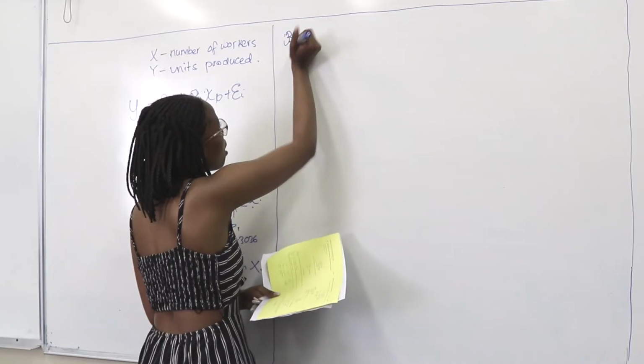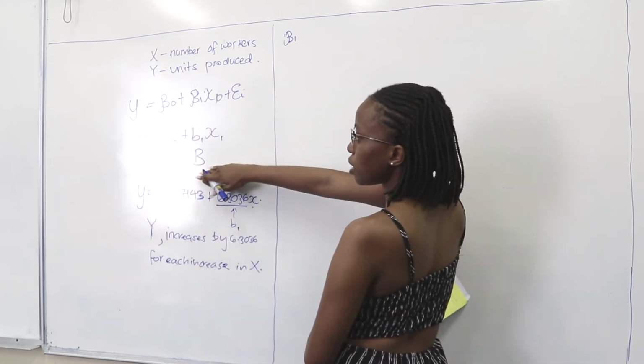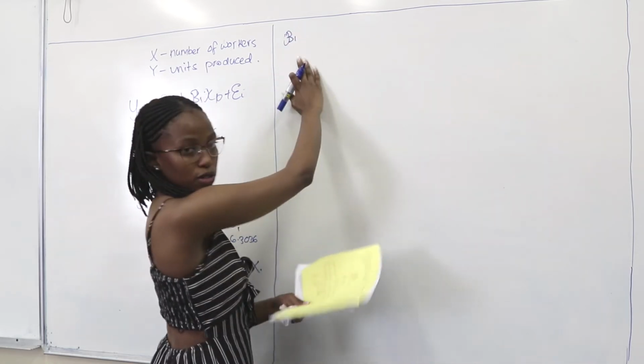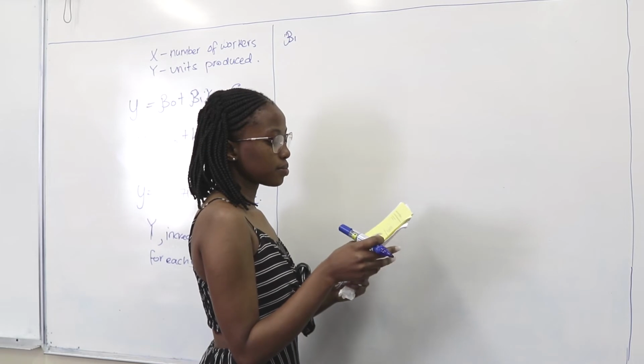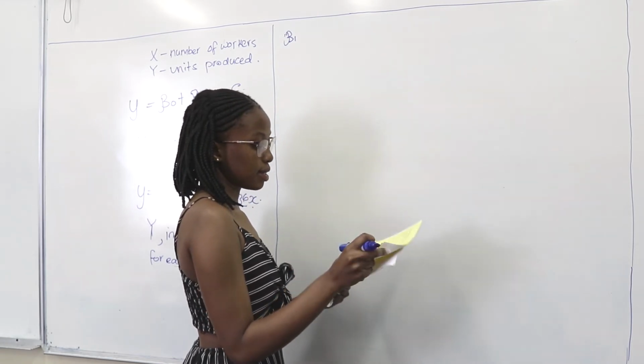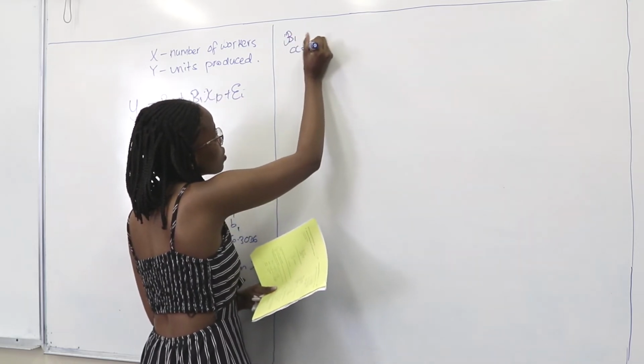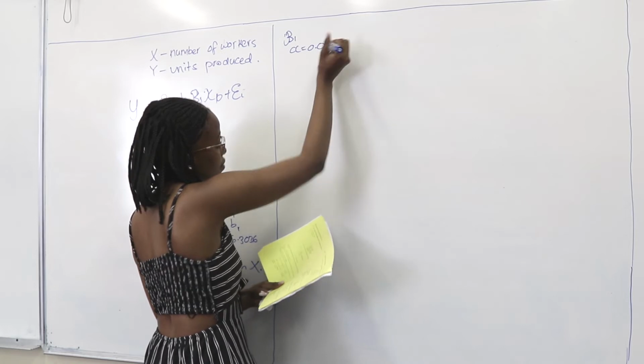Okay, now we're testing the significance of the slope parameter. Our slope parameter is beta 1, but because we don't know what beta 1 is, we're going to use b1 to test the significance of that slope parameter. They said the level of significance is 0.05.